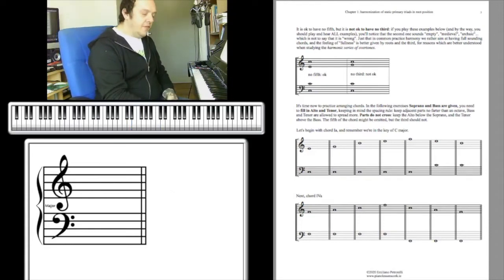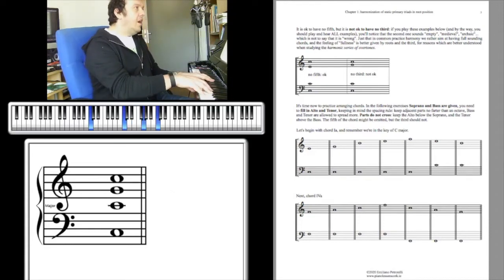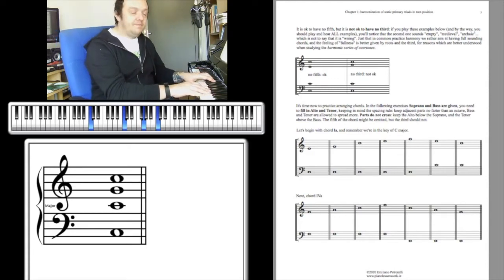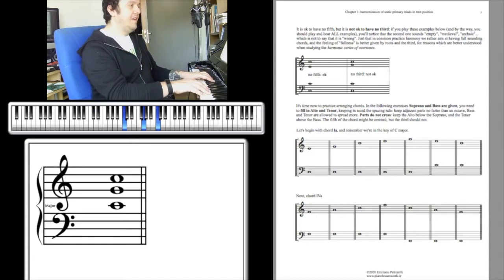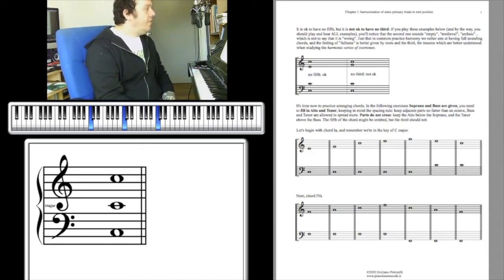But if I get rid of the third, it immediately sounds empty. Listen to the difference. So for now, again, just a rule at face value. It's okay to get rid of the fifth, but it's not okay to get rid of the third.